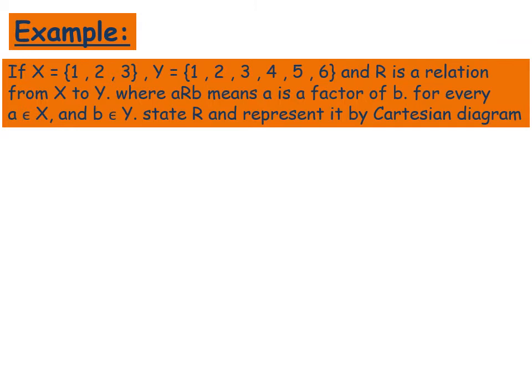Where a R b, that means the relation from X to Y, means a, which belongs to X, is a factor of b, for every a belonging to X and b belonging to Y. He wants me to state the relation. It means to write the set of the relation and represent it by Cartesian diagram.